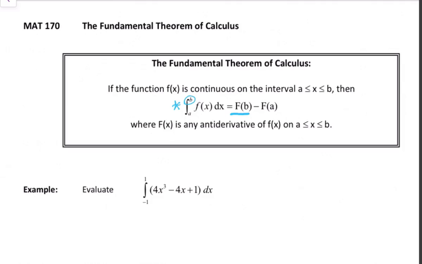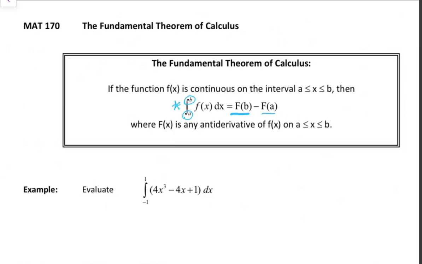And then I'm going to also plug in the lower limit of integration everywhere I see an x in my antiderivative. And then I'm going to find the difference between those two values. So it's always F of the upper limit of integration minus F of the lower limit of integration.